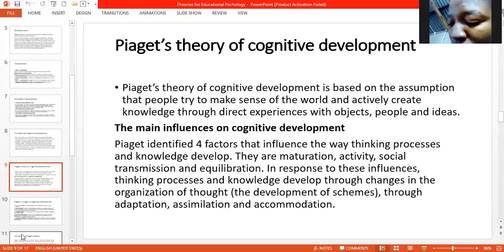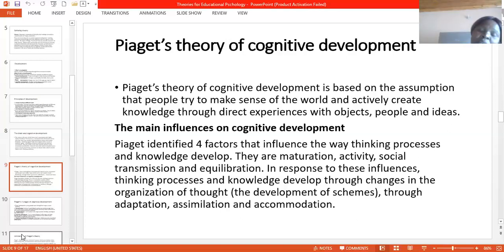Piaget's theory is on cognitive development. Piaget's theory of cognitive development is based on the assessment that people try to make sense of the world and actively create knowledge through direct experiences with objects, people, and ideas.